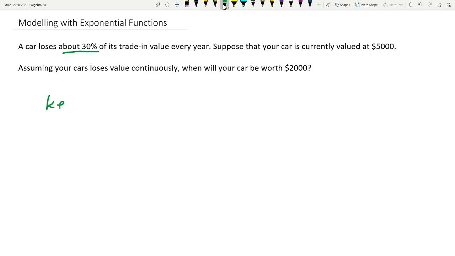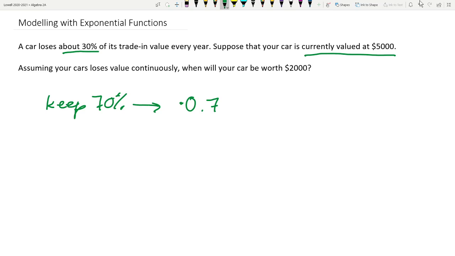The way to calculate 70% of something is to multiply it by 0.7.